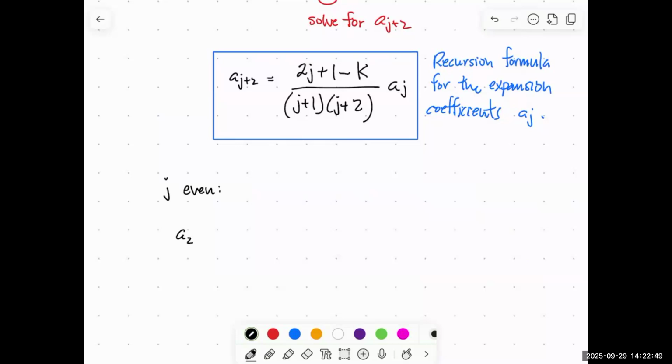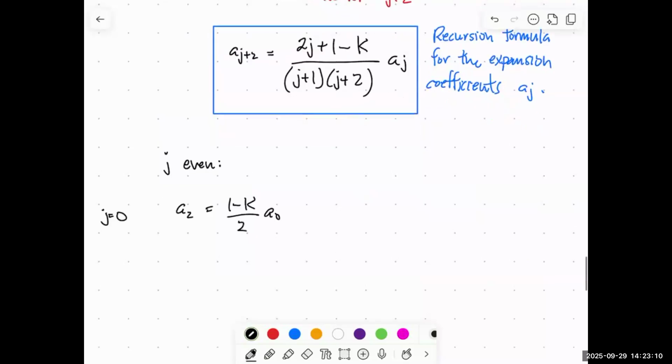If I wanted to calculate a_2, I would put in j equals 0, my first even value of j. It's going to be (1 minus k) over 1 times 2, so it's (1 minus k) over 2, times a_0. Let's continue with the evens. Let's take j equals 2, which gives me the coefficient for a_4.